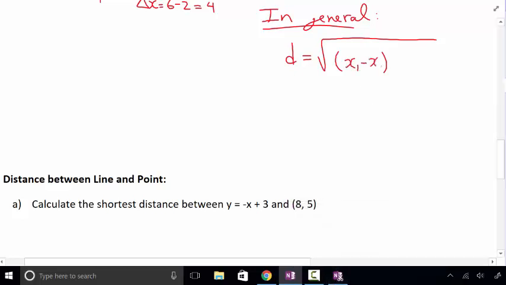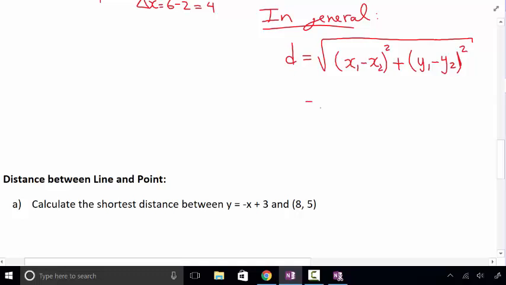x1 minus x2 squared. And what is it going to be here? Plus or minus? Plus. And then we're going to have what? y1 minus y2, and that's going to be squared as well.